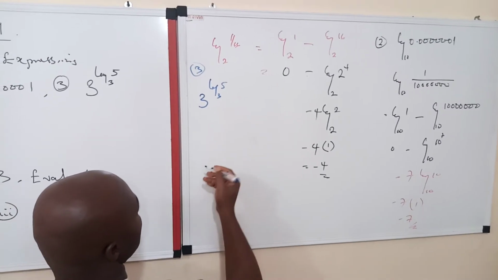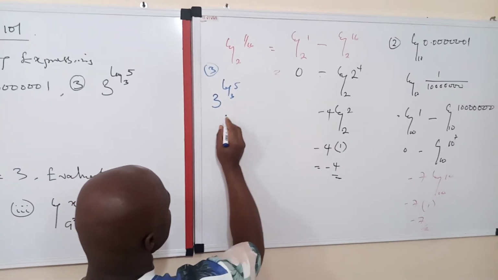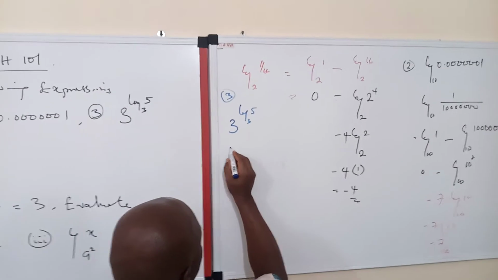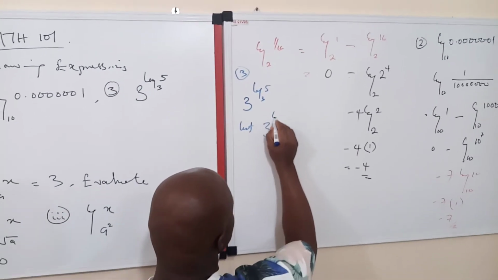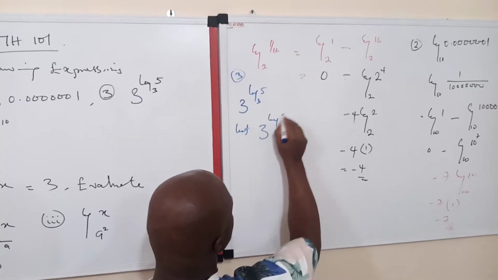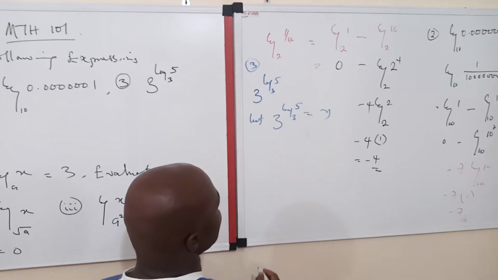Now this we can also show as, if this is this, then let's say this entity that we have is equal to y.